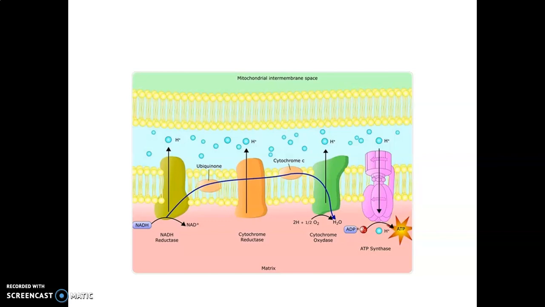Oxidation of 1 molecule of NADH gives rise to 3 molecules of ATP, while that of 1 molecule of FADH2 produces 2 molecules of ATP. Although the aerobic process of respiration takes place only in the presence of oxygen, the role of oxygen is limited to the terminal stage of this process.